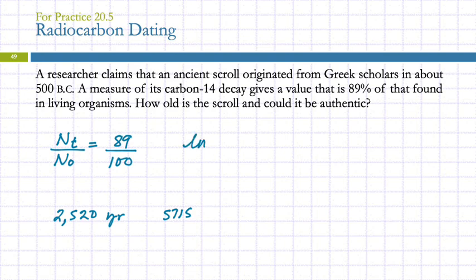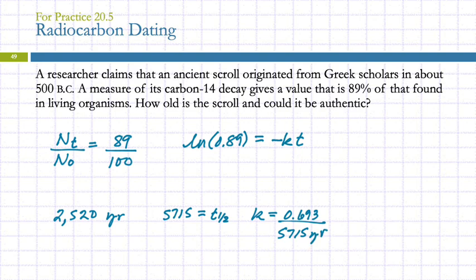So we would expect 50% in this many years, right? So maybe we do have to calculate it. The natural log of 0.89 is going to equal negative k times the age. The rate constant is equal to 0.693 divided by the half-life. So k is 1.21 times 10 to the minus 4.